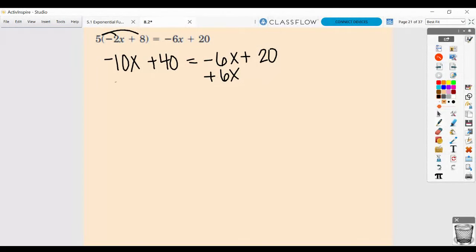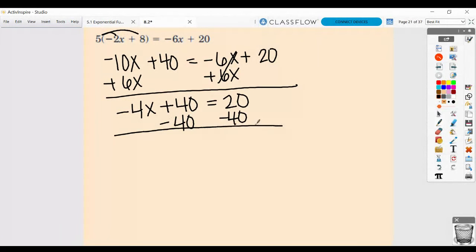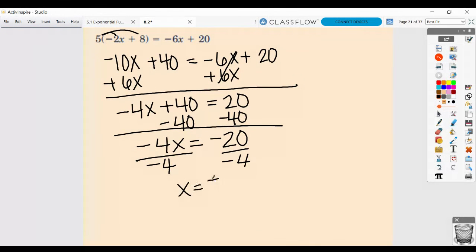So if you add 6 to the other side, negative 10 plus 6 is negative 4. And then subtract 40. 20 minus 40 is negative 20. Divide by negative 4. You get x equals 5.